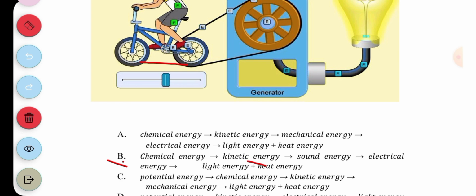So we have kinetic energy in there, and the gears go round to produce sound energy. Now, that's a generator actually. So we have electrical energy at the end, and this electrical energy gives off light energy, and the light will definitely give us heat energy. So the answer is B.